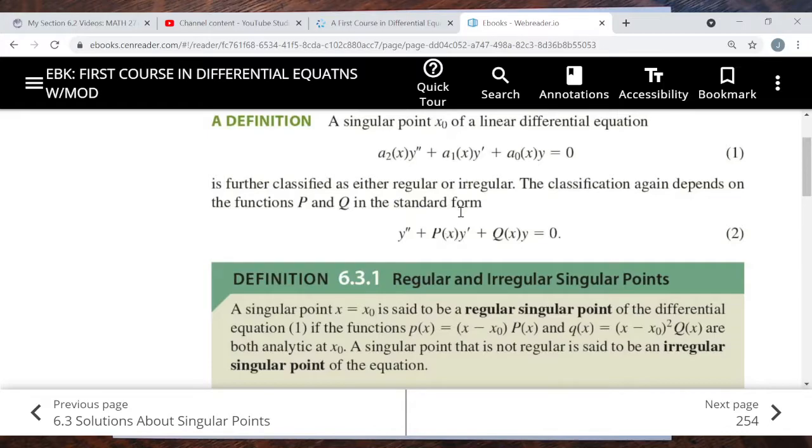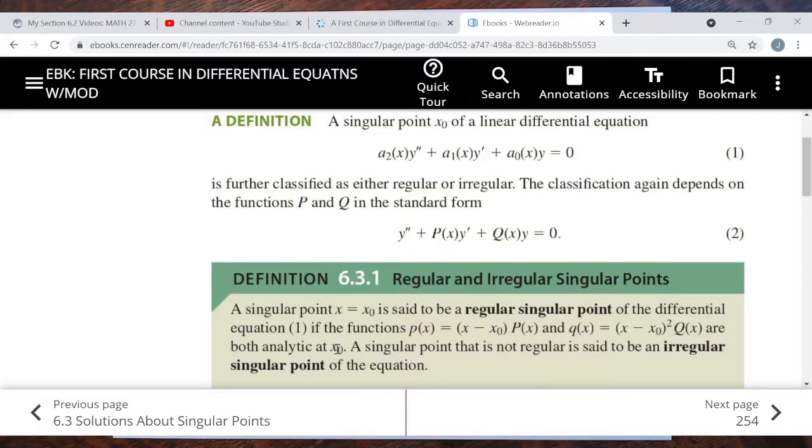Alright, so if you have a singular point, you get in standard form here. A singular point x equals x sub 0 is said to be a regular singular point of the differential equation if the function little p of x, which equals x minus x sub 0 to the first times p of x, and at the same time little q of x, which equals x minus x sub 0 squared times q of x, are both analytic at x sub 0.